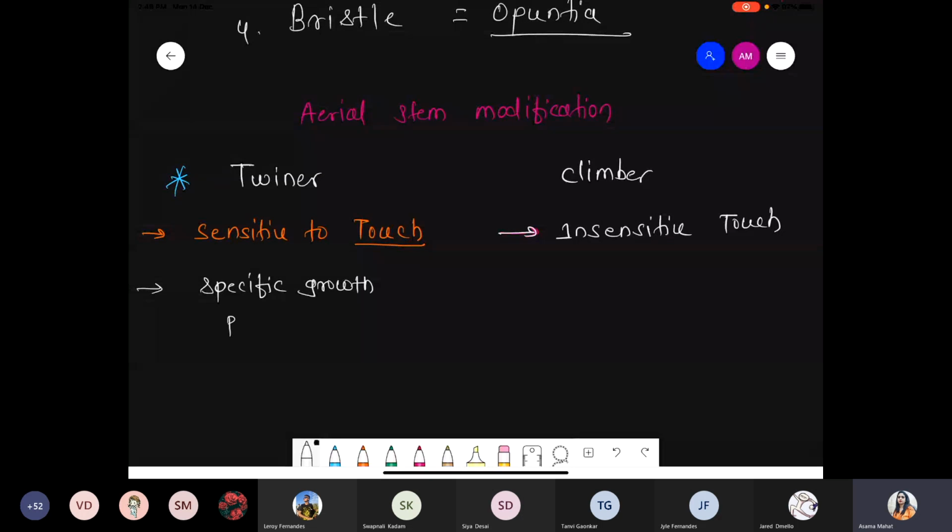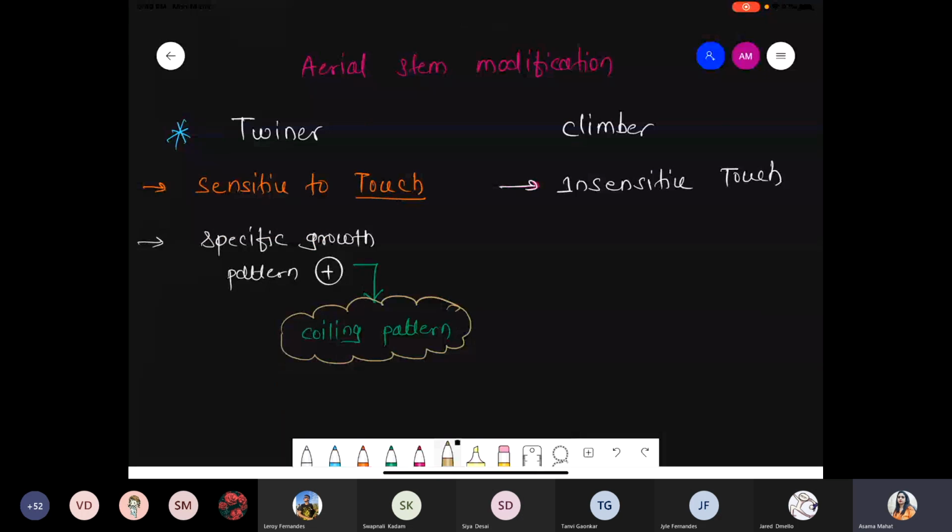If you want, you can write down that specific pattern. Basically it will be showing a coiling pattern. Whatever the growth pattern is, it is specific because they are sensitive to touch, so ultimately they show the coiling pattern.